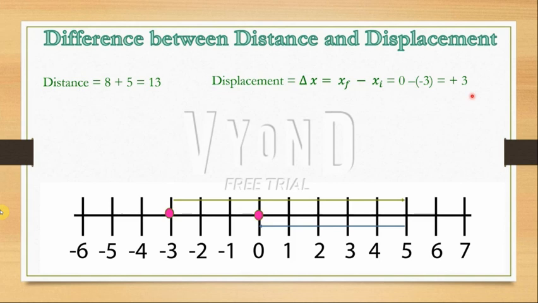So the displacement here equals positive 3. We can see that the object moved 8 units to the right, which is why I put the plus sign here. And then 5 units to the left, which is why I put the negative sign here. The difference between them equals positive 3.